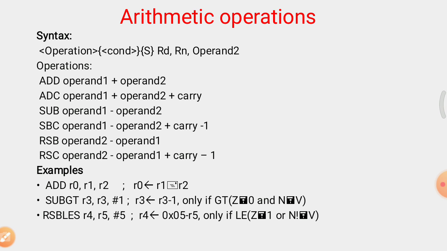SBC is subtract with carry. So operand 1 minus operand 2 minus carry. It should be a minus. We just make some correction over here.